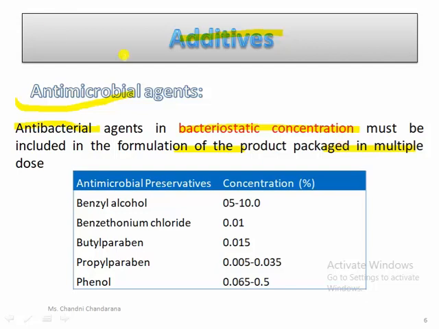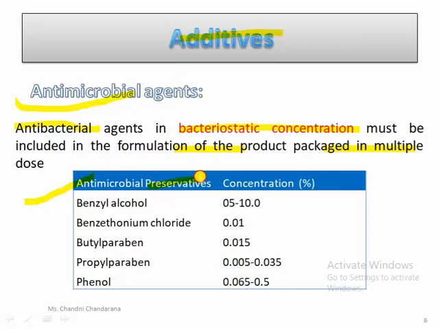For example, whatever preparation we have does not contain any bacteria because it's already a sterile preparation and pyrogen free. But sometimes, because of physical or chemical situations, we may observe bacterial growth. To prevent that bacterial growth, we require antimicrobial agents.